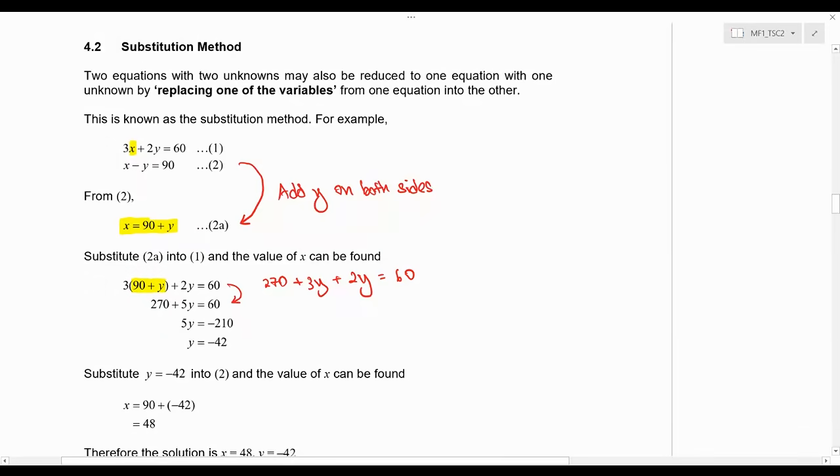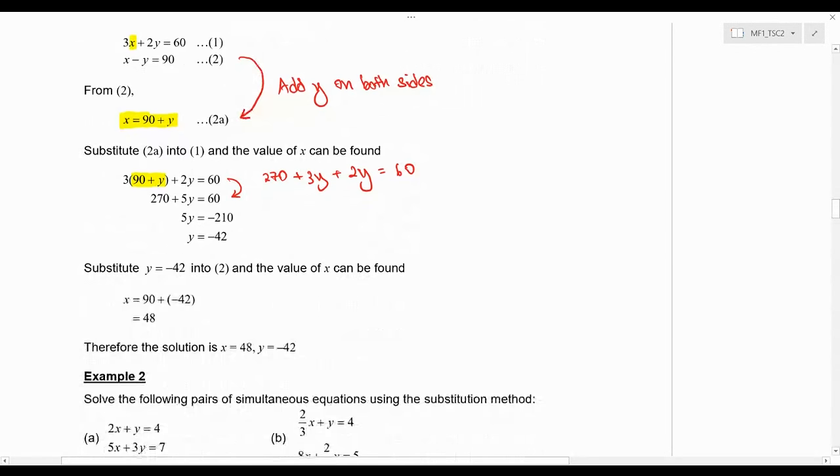Sum the 3y and the 2y together, that'll give you 5y. Subtract both sides by 270 and then divide both sides by 5. You end up with the same answer anyway. And then you do the same for your x by substituting the value of y back inside the original equation 2.